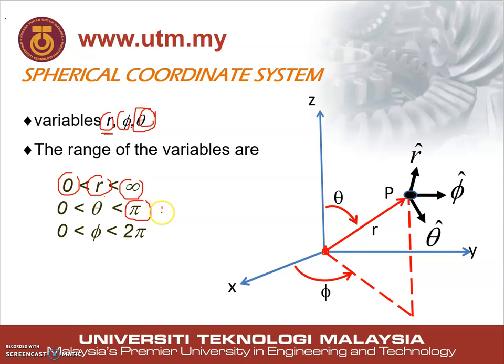Can you guess what this is in degrees? Pi is equal to 180 degrees. For phi it is also similar, but the maximum value of phi would be 2 pi. 2 pi here would mean 360 degrees.